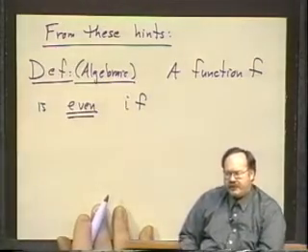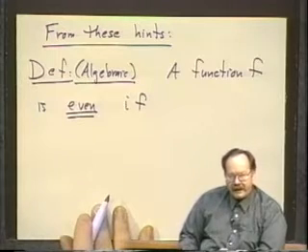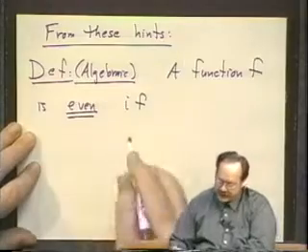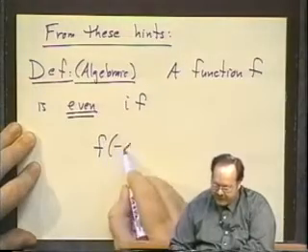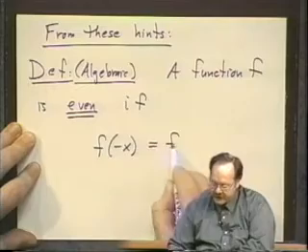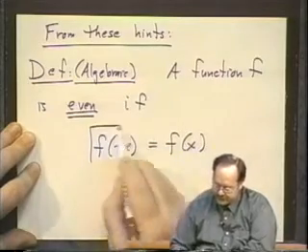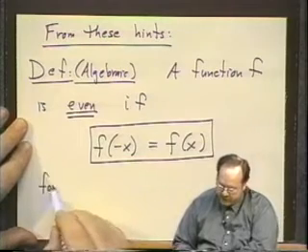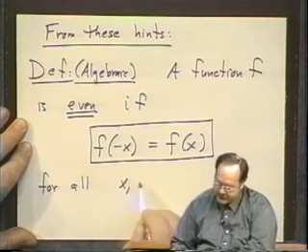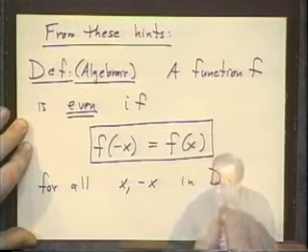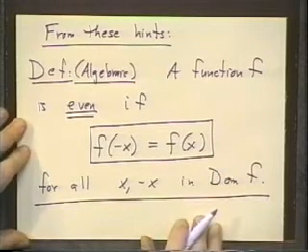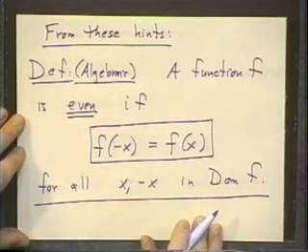When we put in 2 or minus 2 or 3 or minus 3, we ended up with the same result. Another way to say that in general is that if I take f of minus x, I always get the same thing as f of x. Now that is the condition, and that will have to work for all x and minus x in the domain of f. I will make that my definition of what it means for a function to be even.